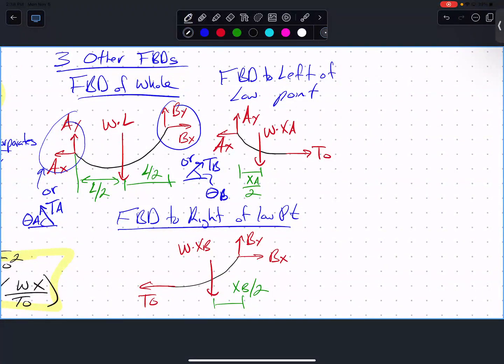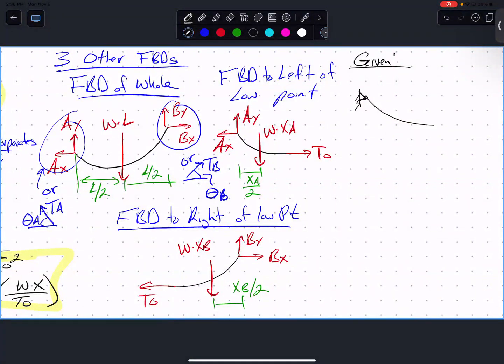Okay, let's jump into an example. We have here a cable support over here at point A. And then the cable curves down like this, goes through the low point.